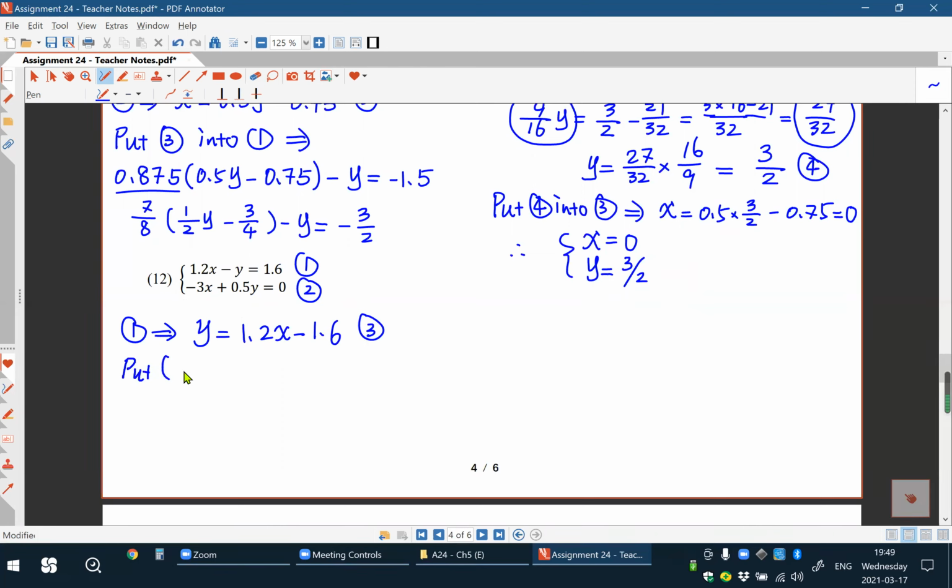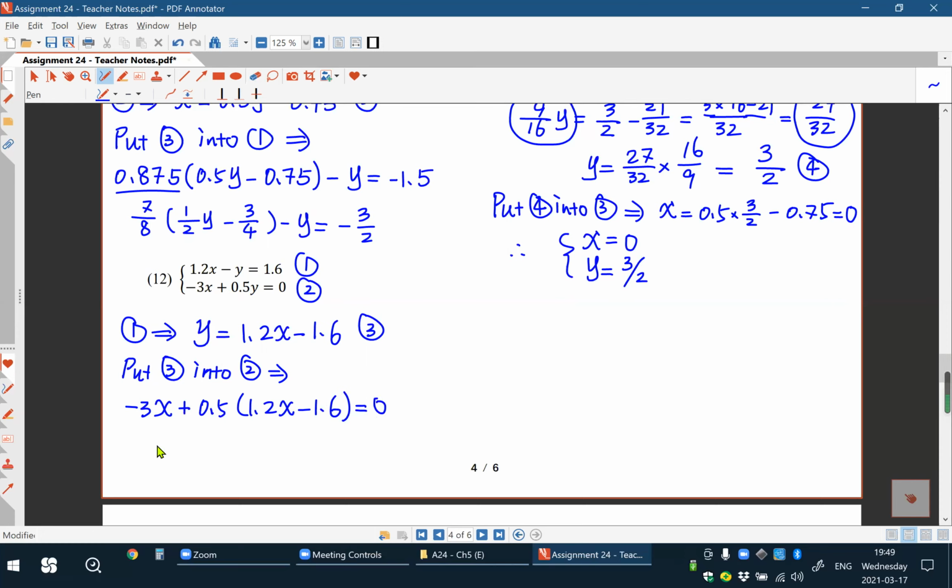Then we can put number 3 into equation number 2. Then you will get minus 3x plus 0.5y. y is 1.2x minus 1.6. And this equals 0, right?